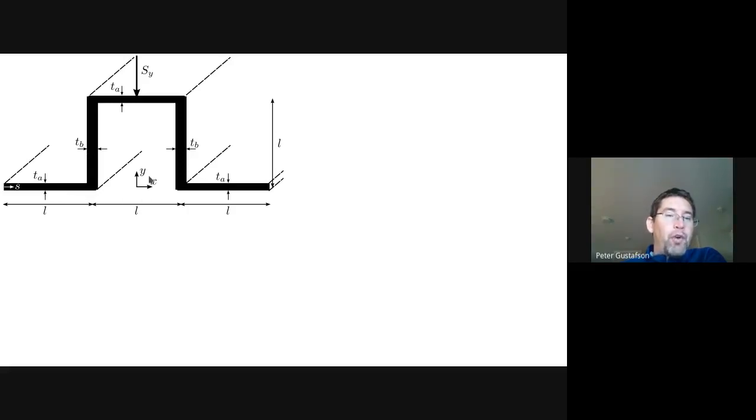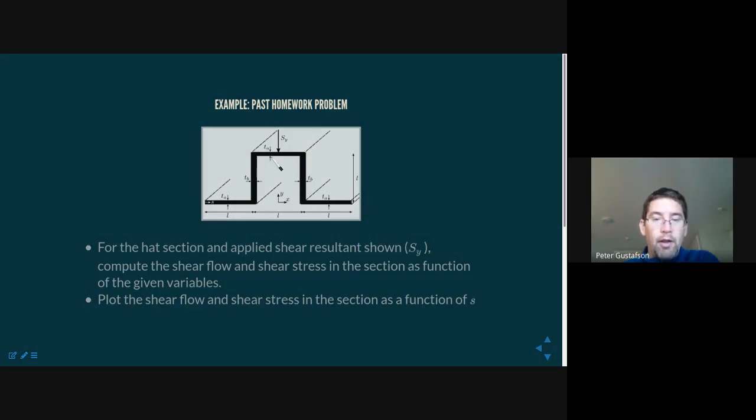And what we're going to do is apply a shear resultant, SY, on this cross section. Now when I say we're applying a shear resultant, imagine I'm deforming this thing, I'm bending it.